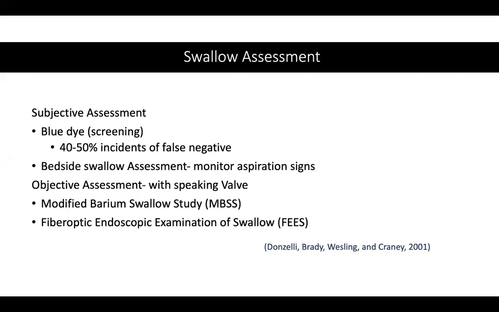So you try a few trials of each consistency, and that's it. But with FEES, you have room to do a full meal observation and check how safe the patient is for a 15-minute or 10-minute meal.